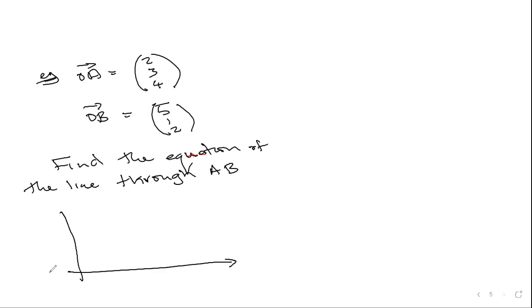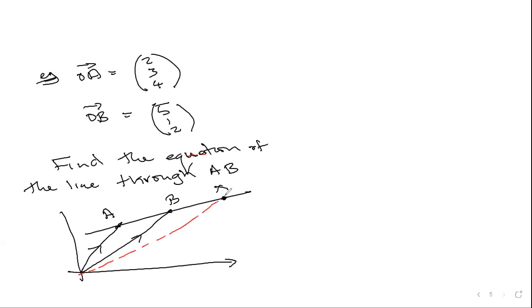So if we make a little sketch, we want the line through AB. So we have O to A, we have O to B, and we want any point X on the line. So basically, what we're saying is that we want to find any point on the line.